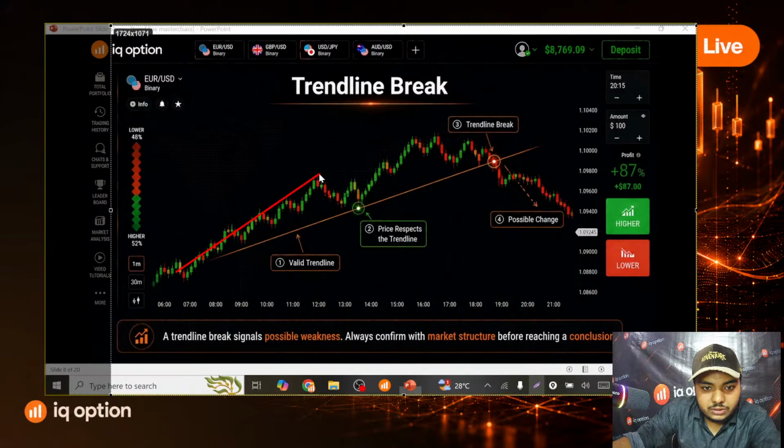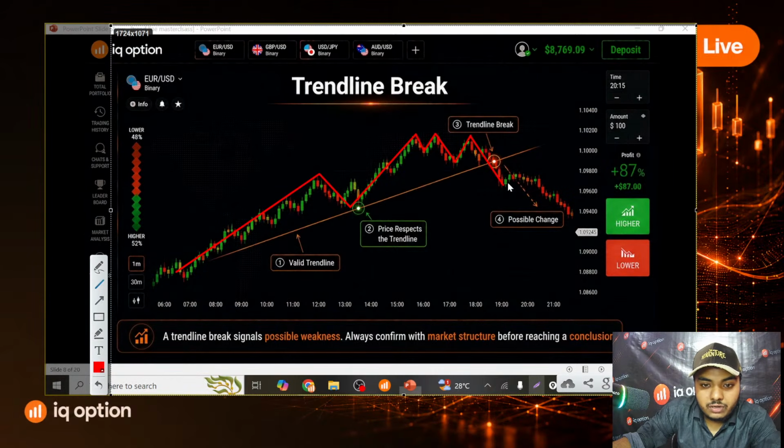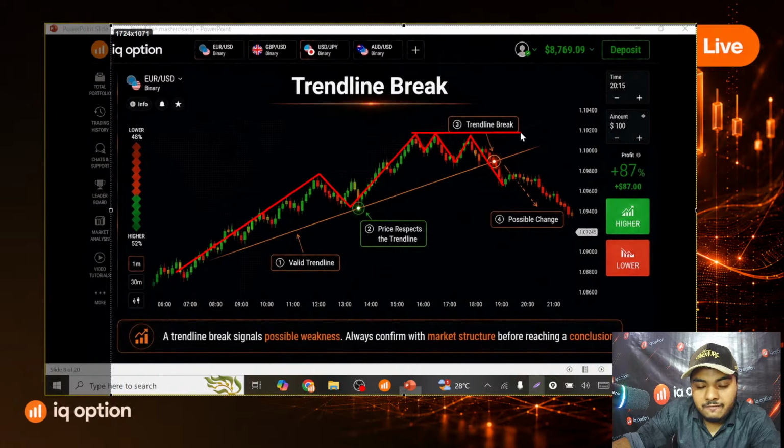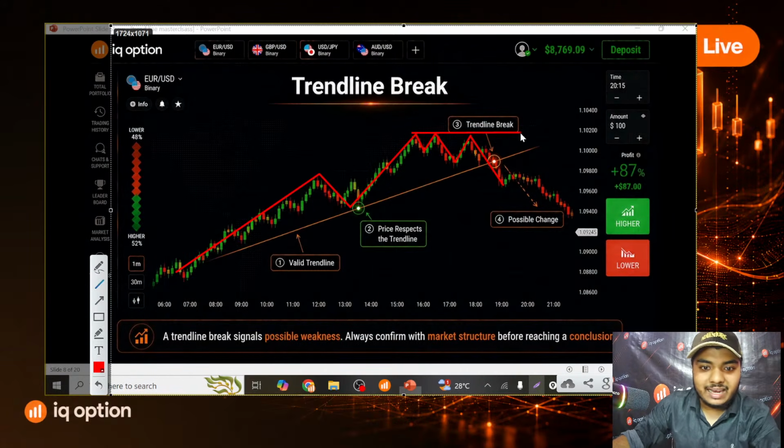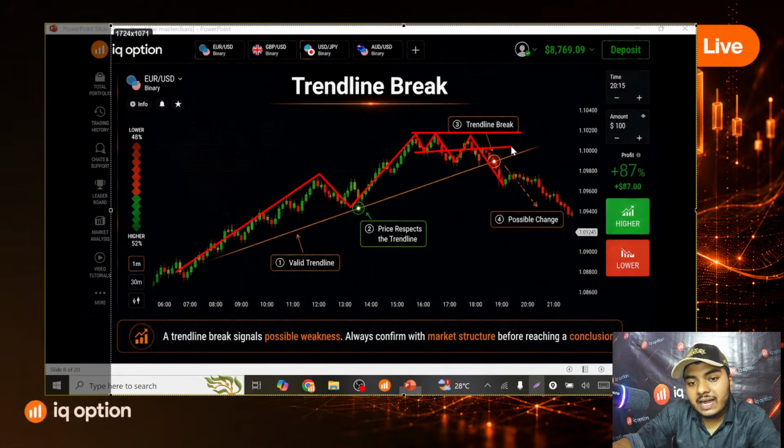The market pushed in the upward direction, making higher highs and higher lows, but eventually we saw, if you know what a structural change is, this is a valid breakout. Why is this a valid breakout? Because the market not only broke the trend line but also broke the previous higher lows, made new lows, broke this low, made a new lower low, and also made a new lower high.